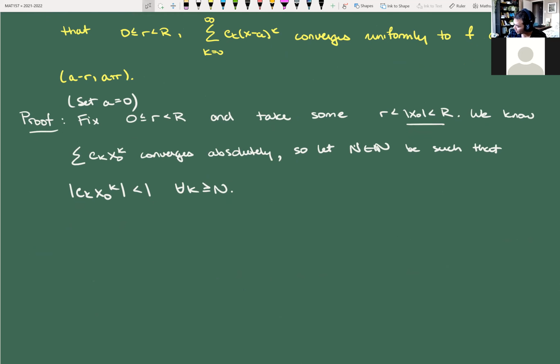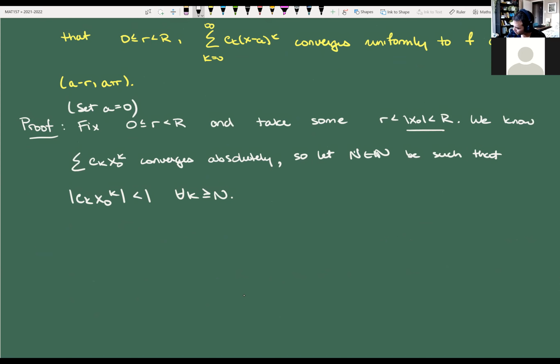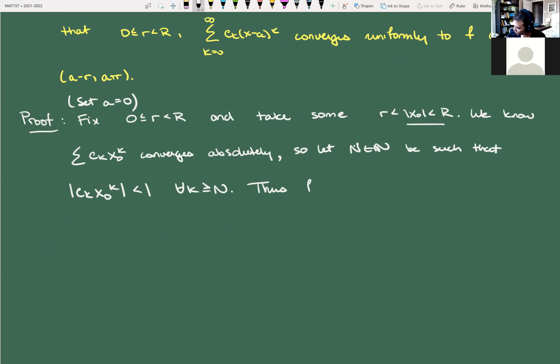All right, and then what do we get? So now here's the important step. We're going to do our usual bounding trick here. Thus for any x in negative R to R, we have, so there's a lot of numbers flying around here, right?